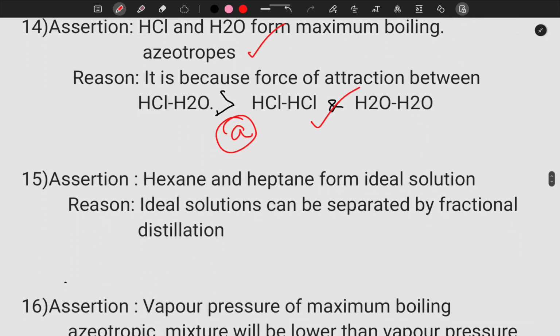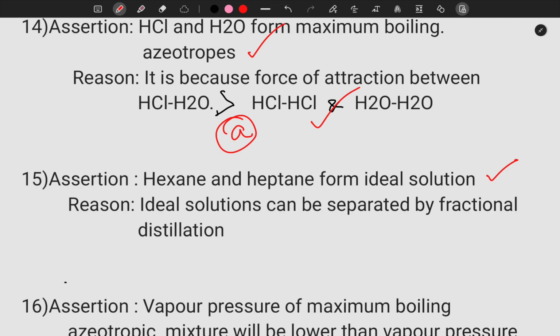15th question. Assertion: hexane and heptane form ideal solution. Yes, hexane and heptane form ideal solution. Assertion is correct. Reason: ideal solution can be separated by fractional distillation.